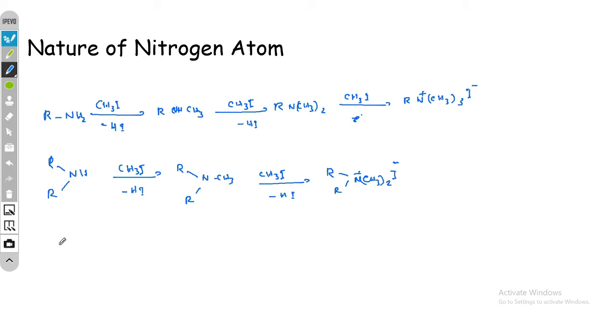If it is tertiary, RNR, it will add only one molecule to form the quaternary ammonium salt. So by this reaction we can say whether it is primary, secondary or tertiary by counting the number of CH3I that reacted with this amine group.